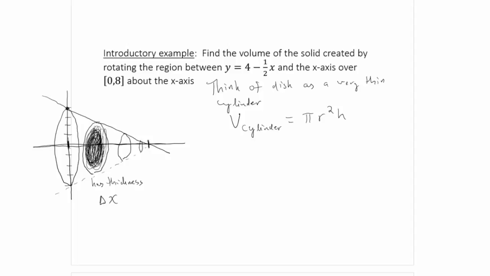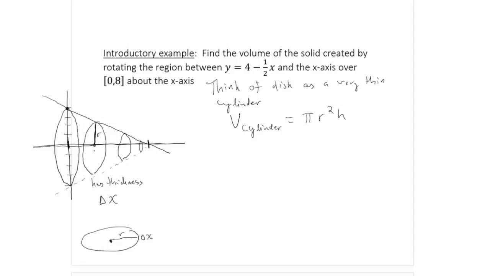Well, now if I think of this delta x as being the thickness, and I think of that disk as being a cylinder, here's that same cylinder. It's very thin. The height of it is delta x. And if I could figure out the radius of that, well, the radius is just this piece right here. That's the radius.